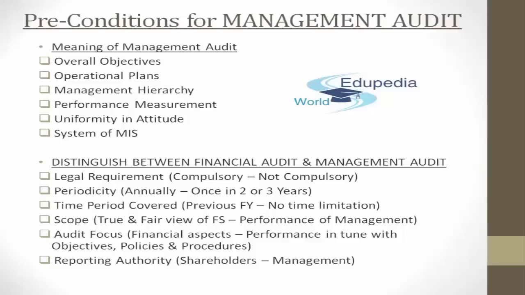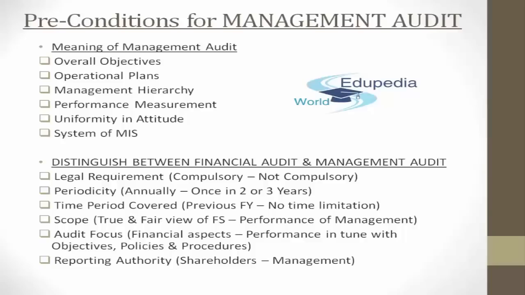The last thing is reporting authority. So financial audit is basically done for shareholders, obviously. The statutory auditor is basically reporting to the owners of the company, that is the shareholders. Whereas in case of management audit, the management auditor basically reports to the management.